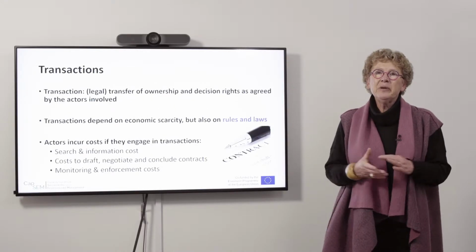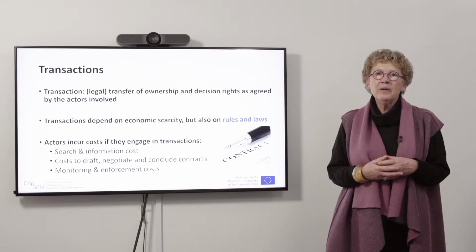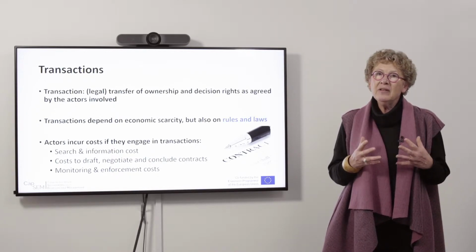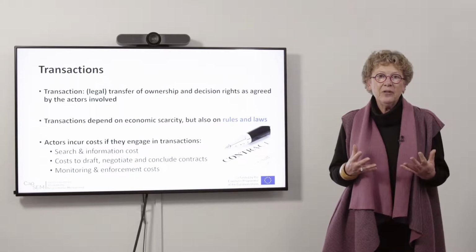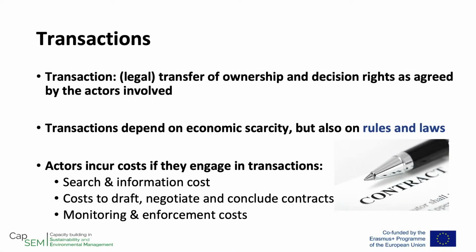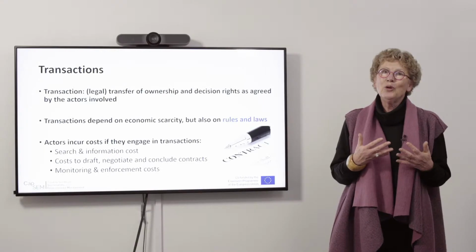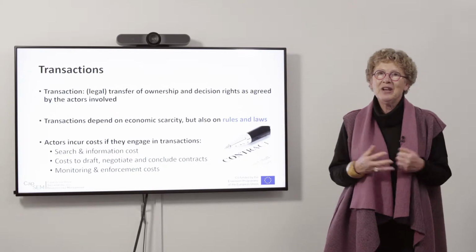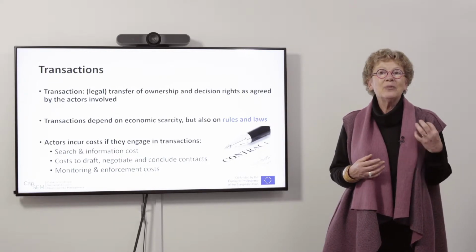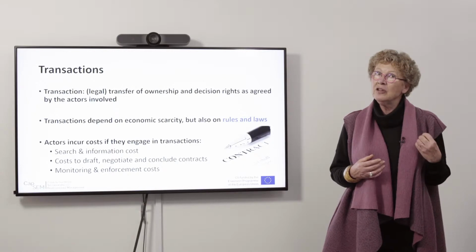An important category of interactions in the multi-actor network are the economic transactions, which involve transfers of ownership and decision rights. To understand the role of institutions in shaping transactions, we have to understand that transactions may incur substantial costs.